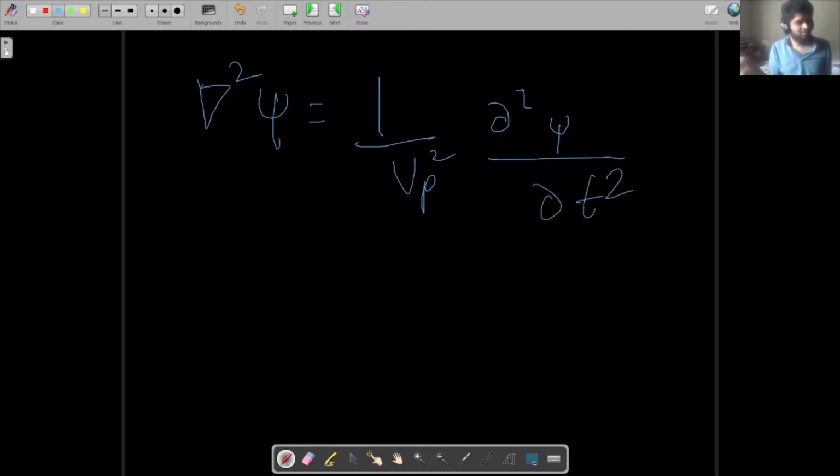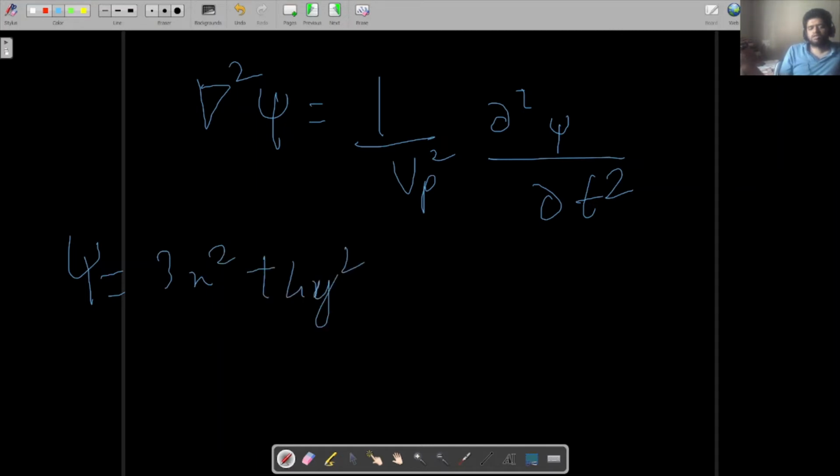This is the classical wave equation and your psi satisfies this equation, you are saying. So suppose I have psi equal to some function. Suppose arbitrarily I am taking some function: 4y square plus 4z square plus 3t cube. Suppose this is my random function.